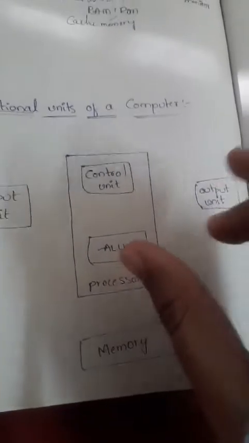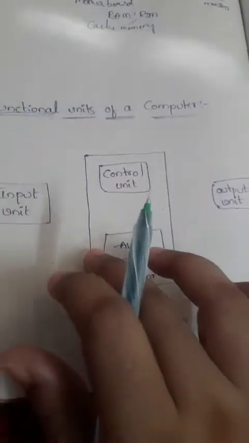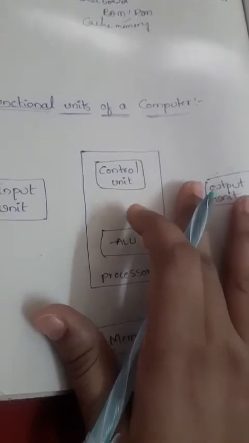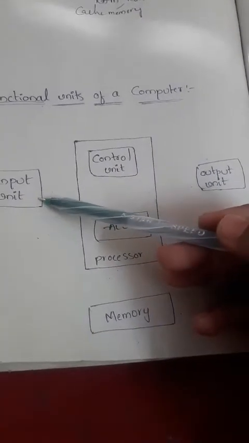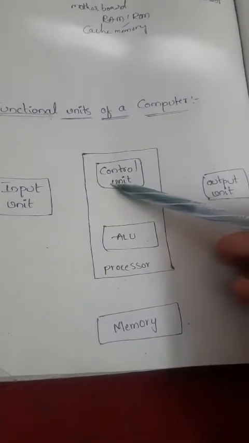It is very essential to understand the functional units of the computer. The functional units of a computer can be explained simply with the help of the block diagram of the computer, which consists of the input unit and the control unit. First is the input unit, and then we have the control unit.